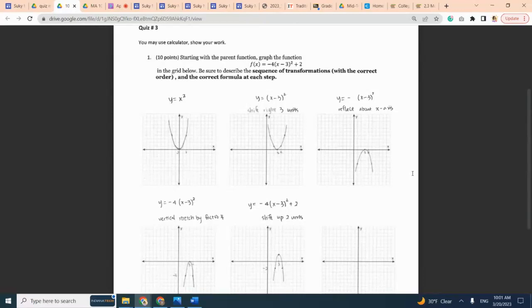Left is plus, right is minus. The second one, reflection over the y-axis. The third one, reflection over the x-axis. And then the fourth one, vertical stretch. And up and down.